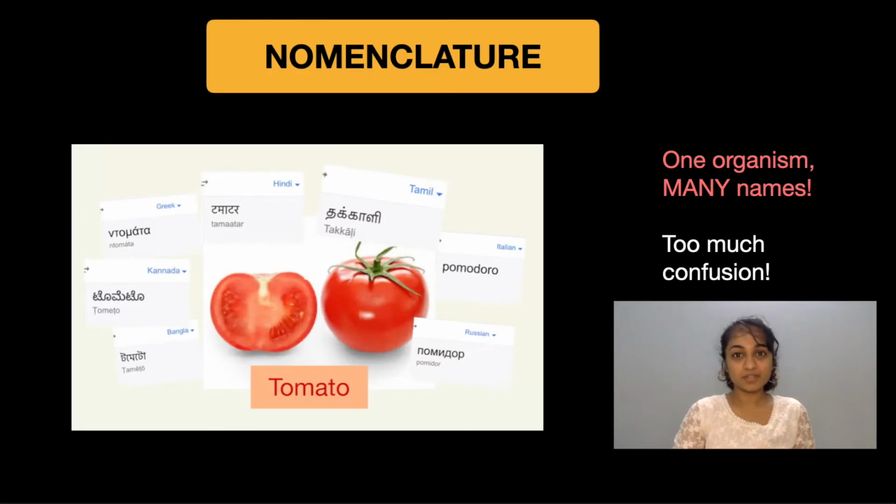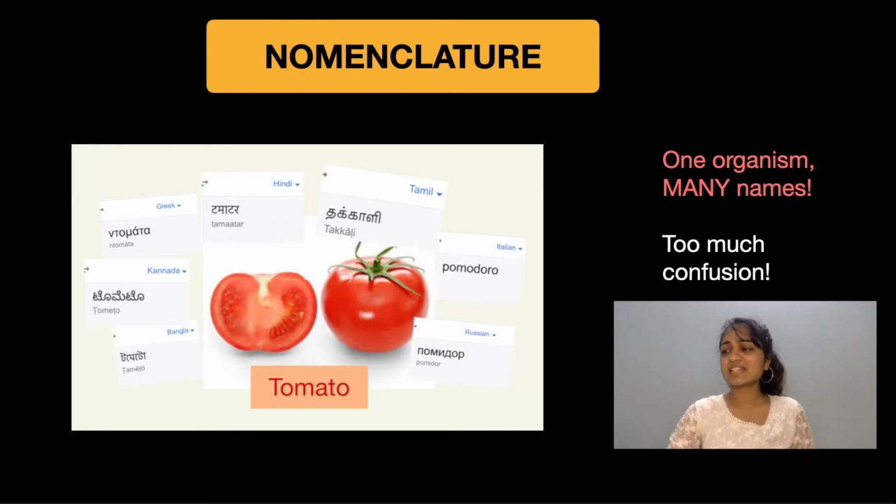Okay, so now moving on to our next topic, which is nomenclature. Nomenclature is basically the process of naming things. And I want you all to look at this image here. Basically, this is the image of a tomato, and surrounding it are the names of tomato in different languages.